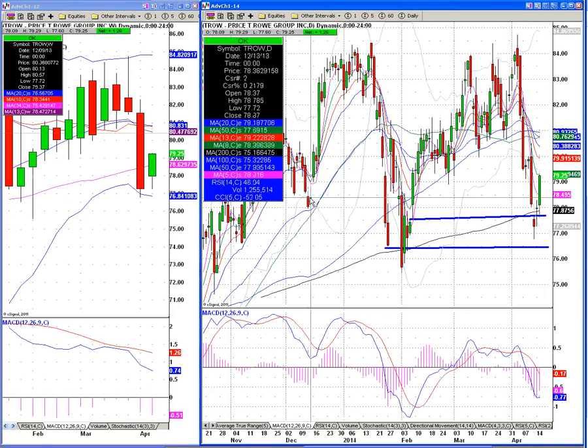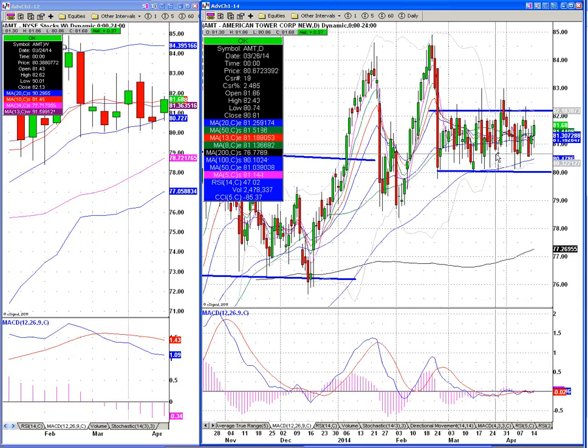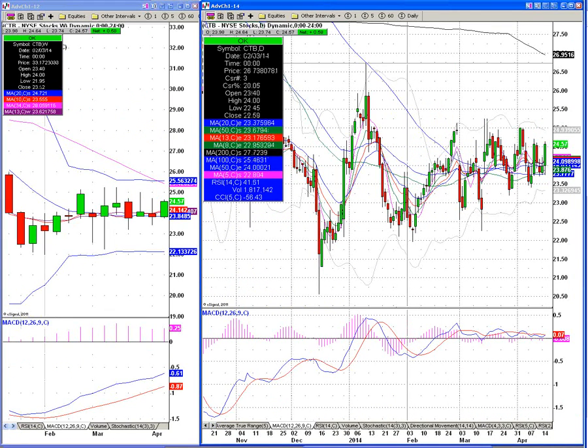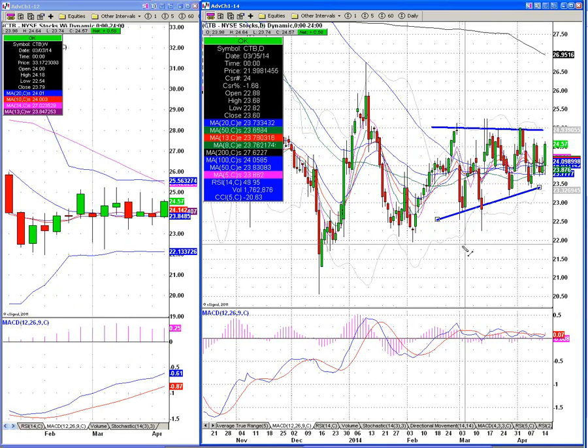If we look at the chart of AMT, you're going to see this pattern right here. The stock's been range bound for a couple of weeks between 80 and 82. CTB, we can also see there's another range going on in this stock between 25 and say 23, and that's basically what this scan is going for.